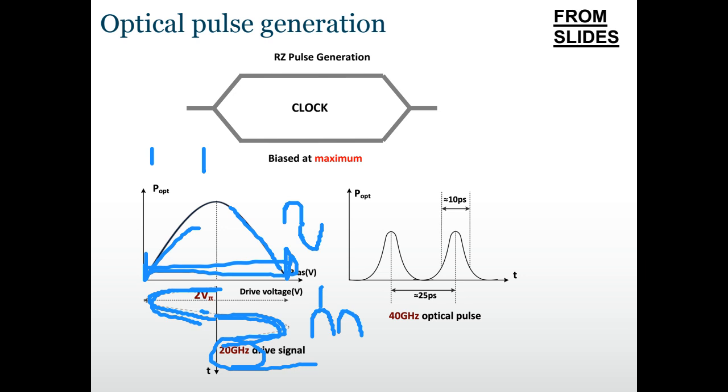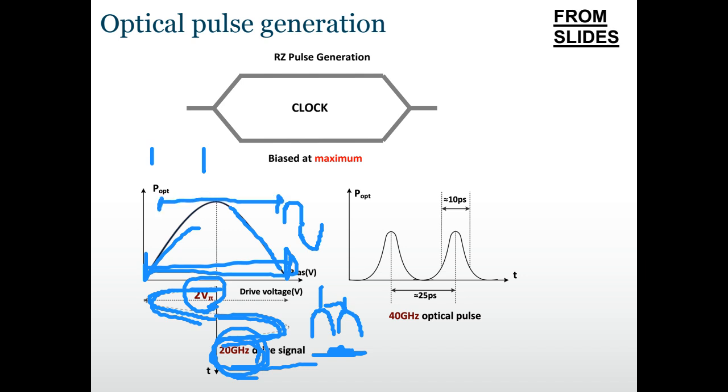When we reduce the peak to peak by half, we double the spectrum. That's why we only need half of the bandwidth to drive a higher bandwidth optical signal. Okay, so the key here is to use two-way pi, and we use the whole transfer function.